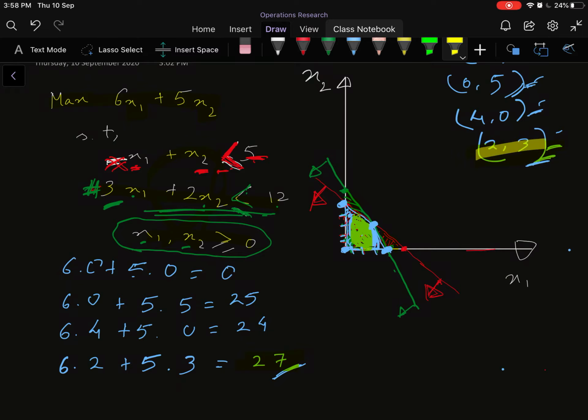So this particular point represents the solution here, and that would be x1 equal to 2 and x2 equal to 3. This is the solution of this particular problem, and that is how we solve a problem using the graphical method in a linear programming problem. Thank you.